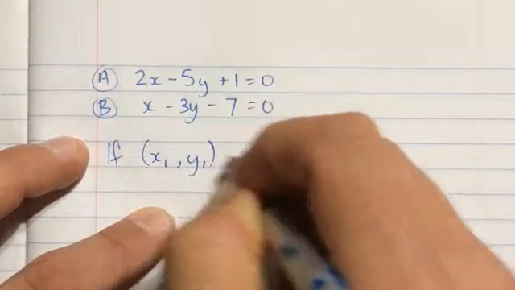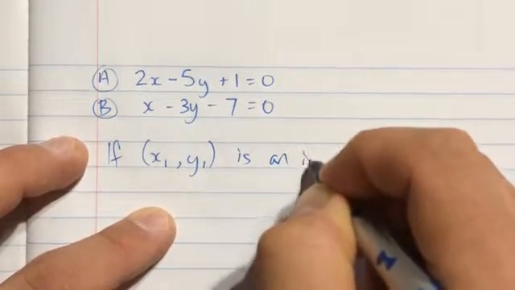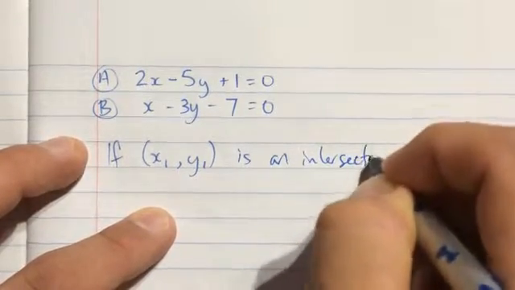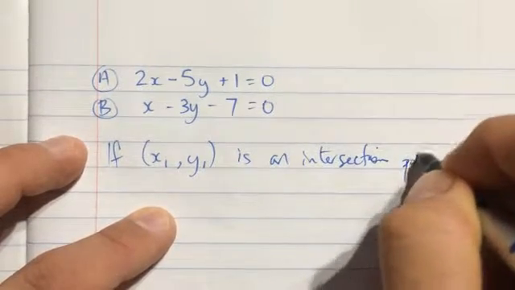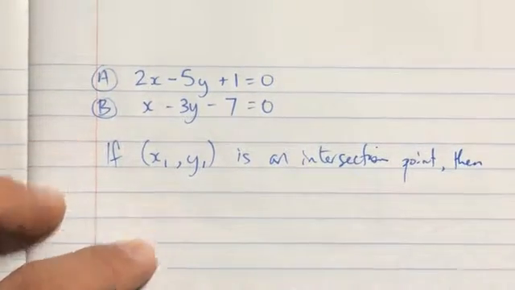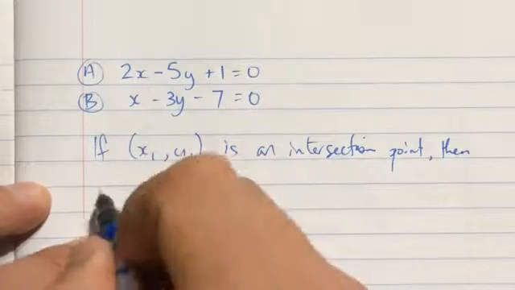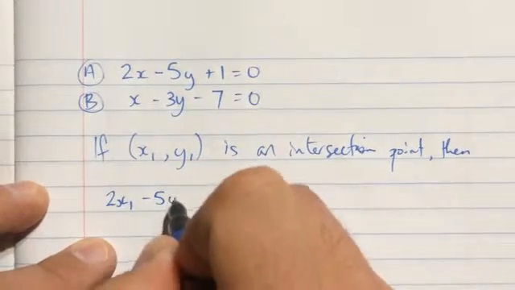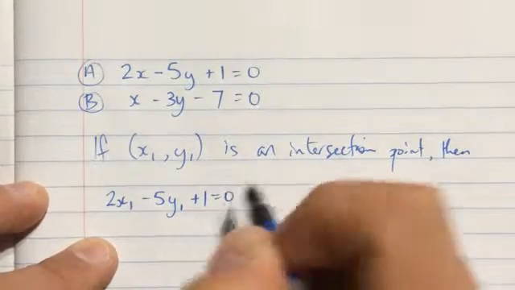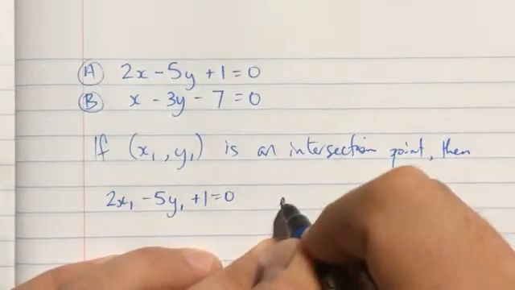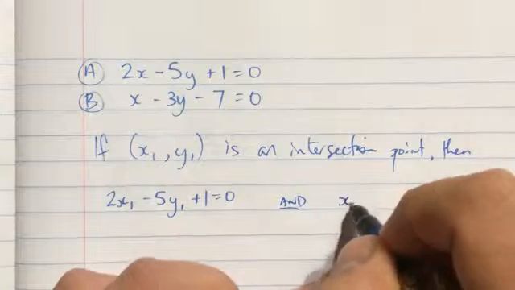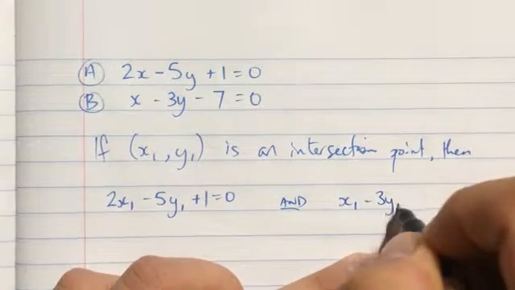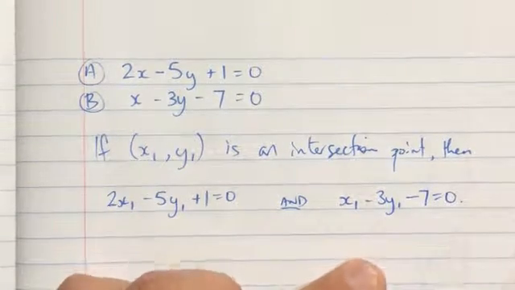If x1, y1 is an intersection point, then what must be true? Well, the first equation is satisfied by that point, so 2x1 minus 5y1 plus 1 equals 0. It is true at that point, and the other equation is true at that point. x1 minus 3y1 minus 7 equals 0.